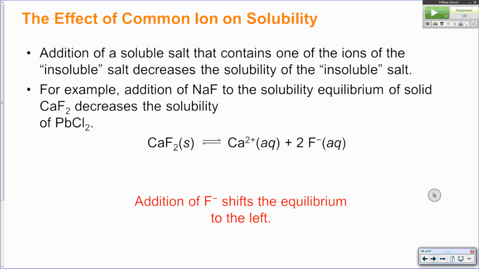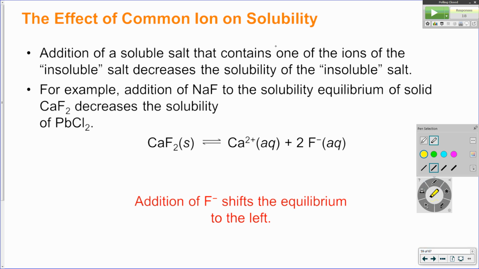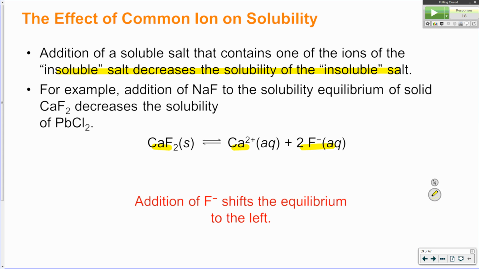All right. Now the next thing we want to look at is what we call the common ion effect. It's an application of how Le Chatelier's principle comes into play with the solubility equilibria. So what happens if I add one of the ions that's involved in the solubility equilibria, either the anion or the cation, it decreases how soluble the salt is. If you look at the example of calcium fluoride, it dissociates into the calcium and the fluoride ion.